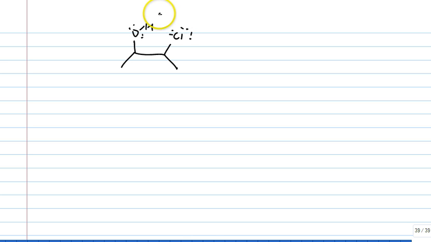Let's say I have a molecule like this. If I use a strong base here, even something like hydroxide, strong bases go after the easiest hydrogen to take off, the most acidic hydrogen, which is probably going to be this one, attached to the oxygen.